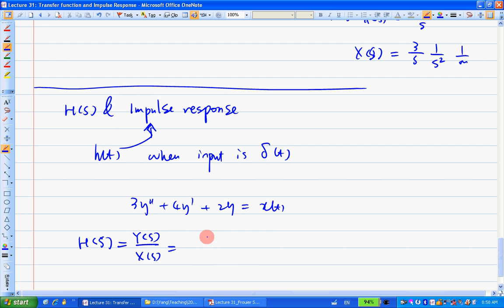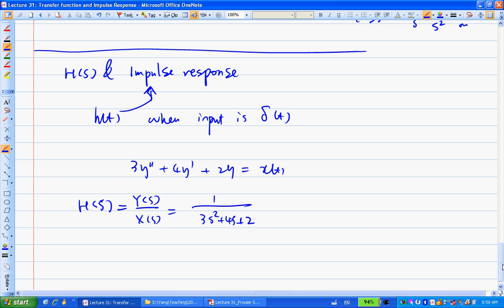In this particular case, my transfer function is 1 over 3s squared plus 4s plus 2. This is nothing new; this is what we just learned. This is the transfer function. Now let's relate it to the definition of the impulse response.